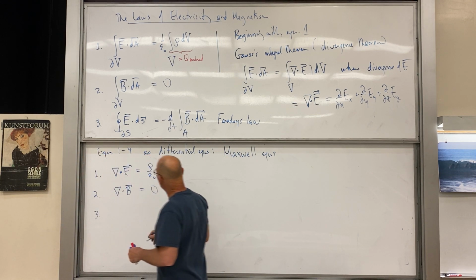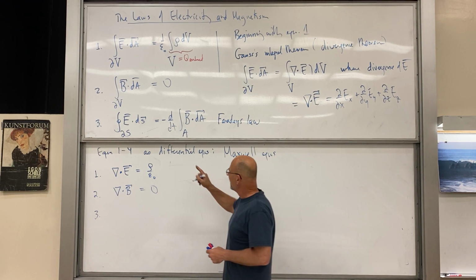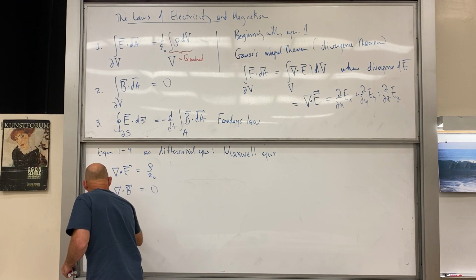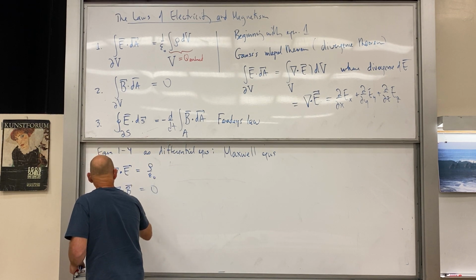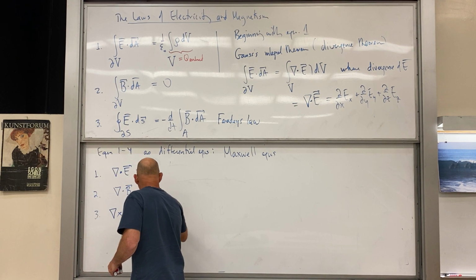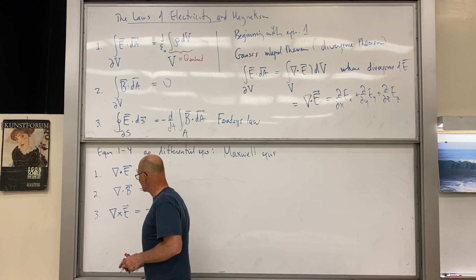We're going to have to use Stokes' integral theorem. And for that we're going to have the curl of E equals minus dB dt. I'll put a little commentary on that, but first I'm just going to write these down.